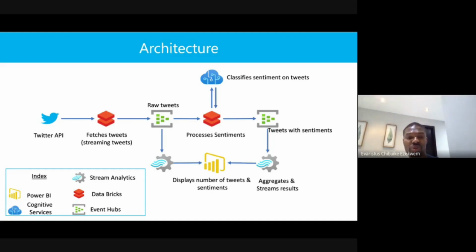Then we send that data to Power BI to display almost immediately. This part, from the Twitter API to the first Databricks cluster to the Event Hub to the Stream Analytics and then to Power BI, is known as the hot path.